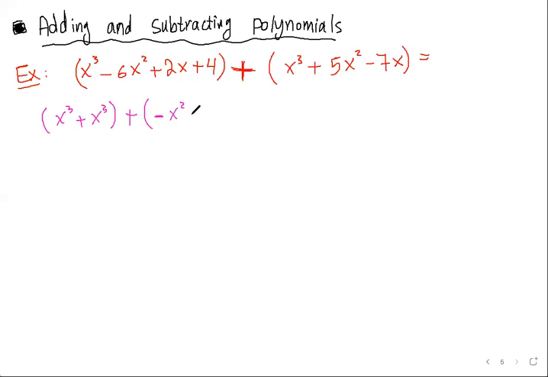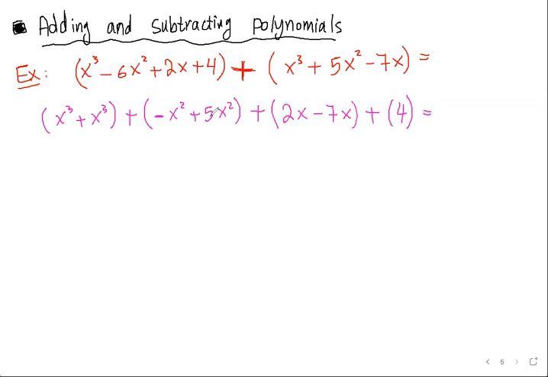I group them together, plus 2x with this minus 7x, plus I have the number 4. Here I don't have anything, just 4.